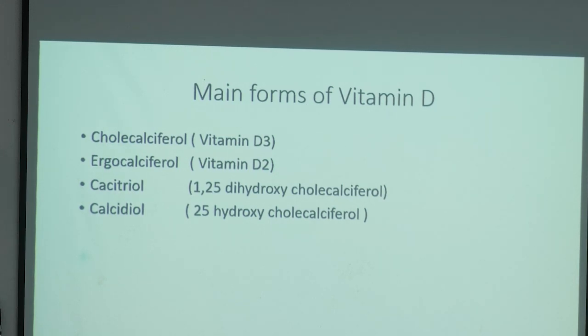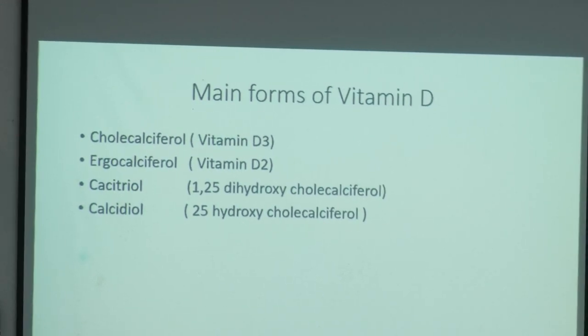So D1 is cholecalciferol, D2 is ergocalciferol, D3 is also cholecalciferol. D1 is a misnomer, so we do not use the term D1 now.